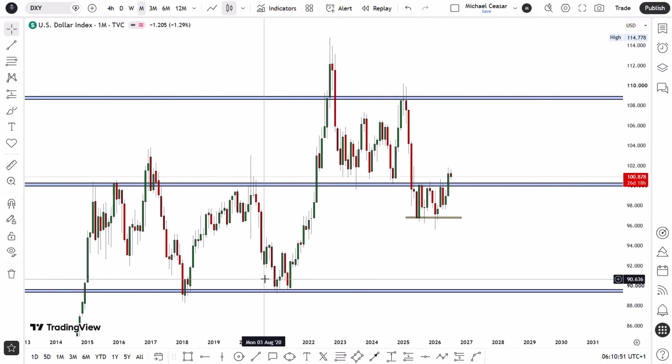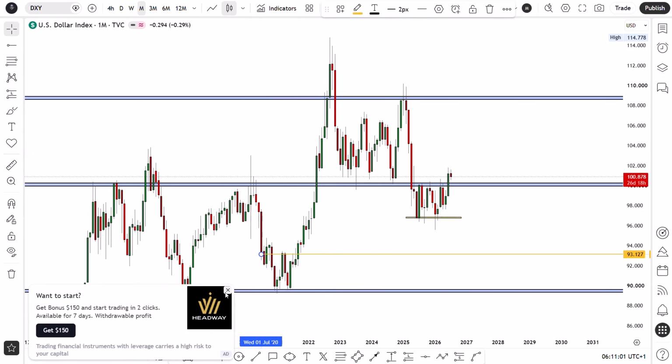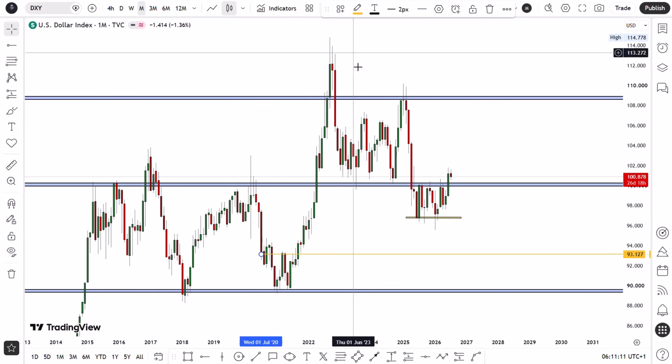For this particular one, DXY created a double bottom. We broke out of the double bottom. So this is it exactly. If I put the neckline here, this was a monthly candle break. This candle was the retracement candle, and then the market started pushing to the upside.